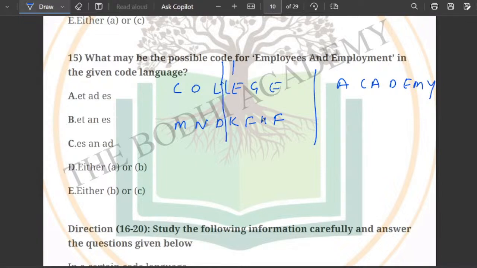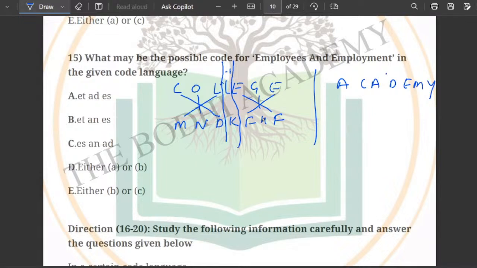But what we can do, if we find the common L, we take out the L part. Then we can divide COL on one side and EGE on one side. So now see, next letter of C is what? D. Next letter of L is what? M. And next letter of O is what? N. Again, E is F, G is H, E is F. And what about L? The L is written as the previous letter. -1 we can say, that is previous letter.